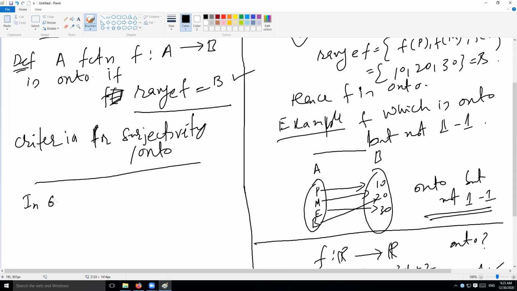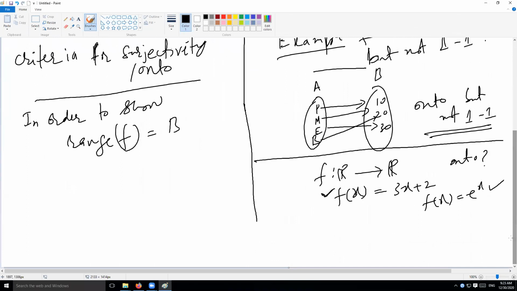So, in order to show that the range of the function f is equal to B, because these are two sets, I have to show the equality of them.